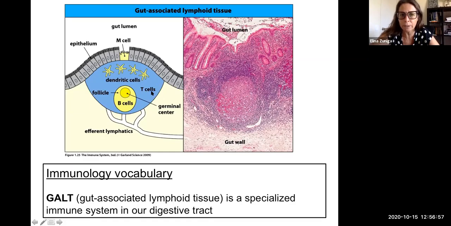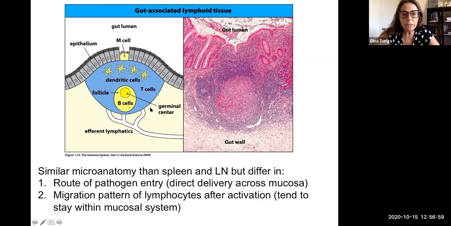and blue respectively. The difference here, or uniqueness of the anatomy of the gut-associated lymphoid tissue with respect to the spleen or the lymph node, is that the route of pathogen entry is different and is direct.